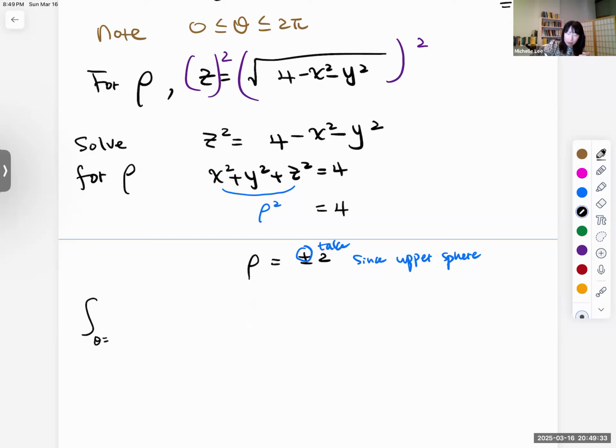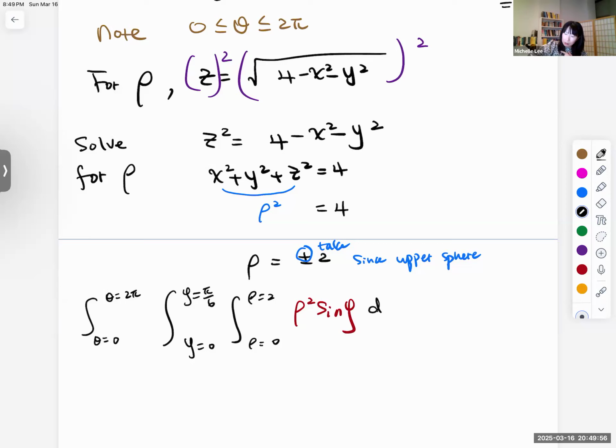So theta is always easy, right? 0 to 2 pi. And phi equals 0 to pi over 6, we had that earlier, right? And then rho equals 0 to 2. So we have to insert rho squared sine phi d rho d phi d theta, right?